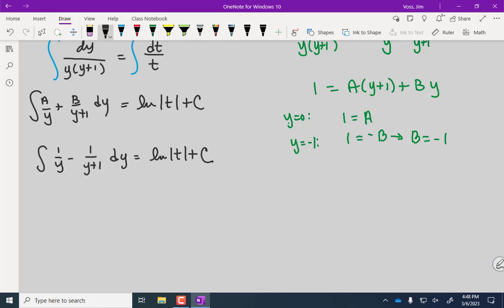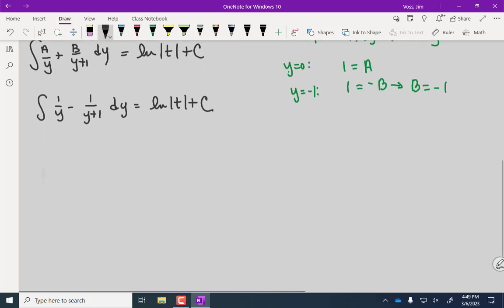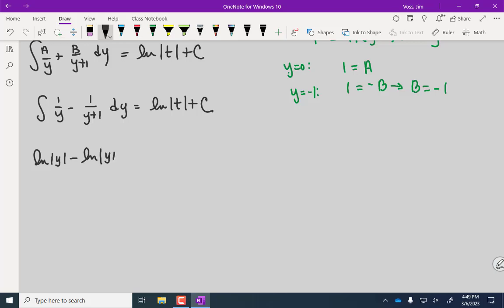The derivative of y is 1. The derivative of y plus 1 is 1. Those are in log form. So this will be natural log absolute y minus natural log absolute y plus 1 equals natural log absolute t plus c. So that is an implicit general solution.